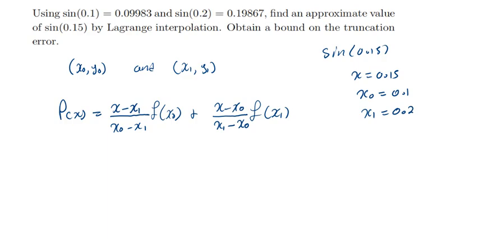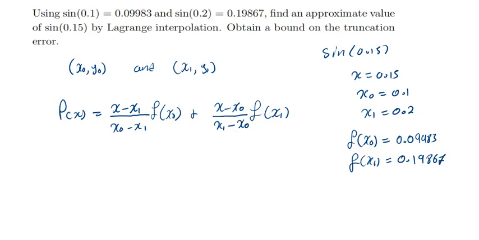So note that here you have f of x naught and f of x sub 1, which you already have. Your f of x naught is this one here, which we have already been given, that is 0.09983. Then you have your f of x sub 1, which is equal to 0.19867, like that.